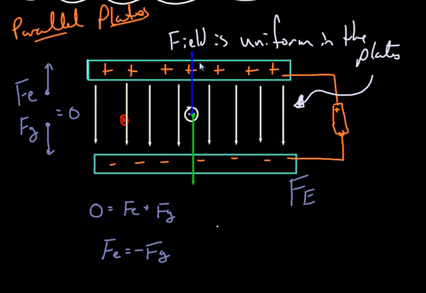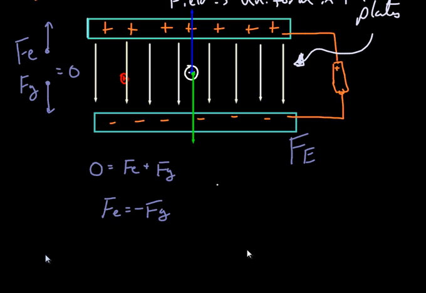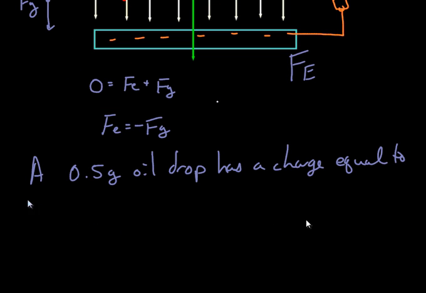Now, can we use this for anything useful? Well, maybe. Let's do an example. Let's put in some numbers. Okay? A 0.5 gram oil drop has a charge equal to that of 15 electrons.